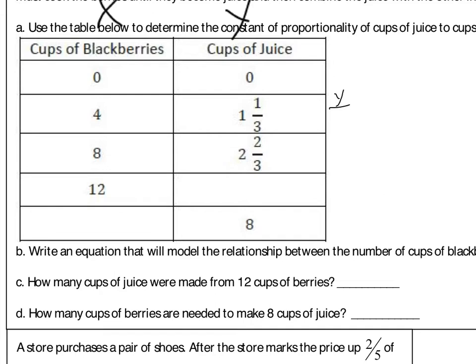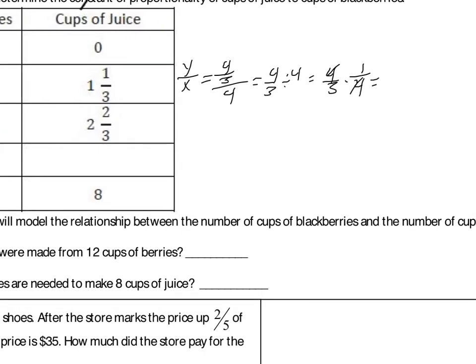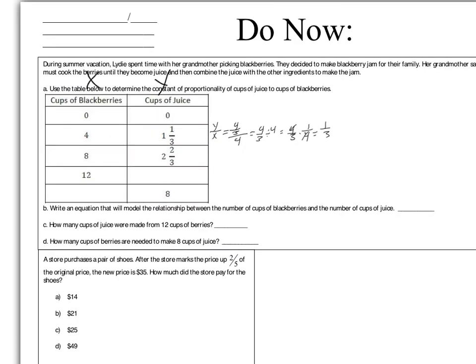Y over x would be 4/3 over 4, which is the same thing as 4/3 divided by 4, which again is the same thing as 4/3 times 1 over 4, cross cancel, and that gives us a constant of proportionality of 1/3. So it looks like our constant of proportionality is 1/3.